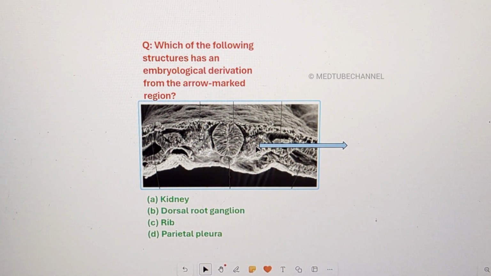We are going to begin with the notochord, which is the axial mesoderm. Near to the notochord is the para-axial mesoderm, which is the focus of the question. Hence, the question is asking about the derivatives of the para-axial mesoderm. Let's view it in detail.